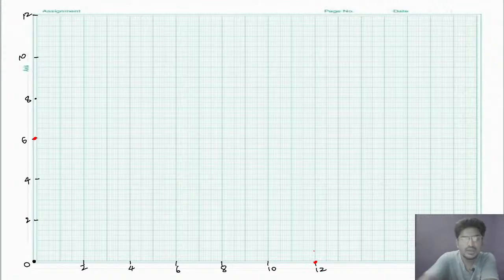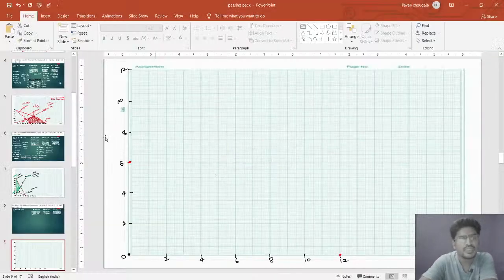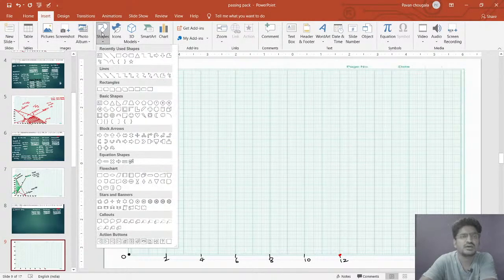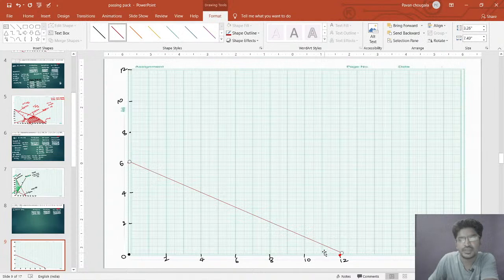Okay. Now we have to join the line. For this it will take a little bit of time for me. Have some patience so that we can draw the graph very neatly. So 6 to 12. Okay.